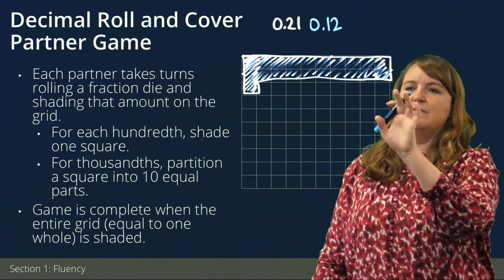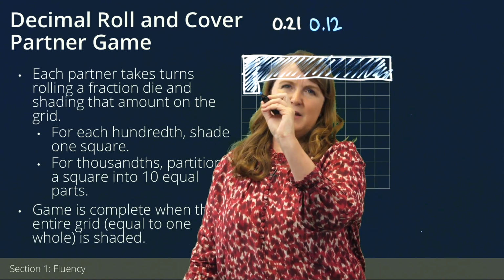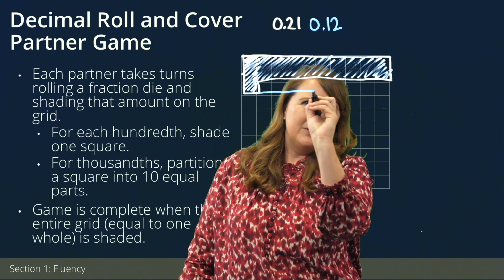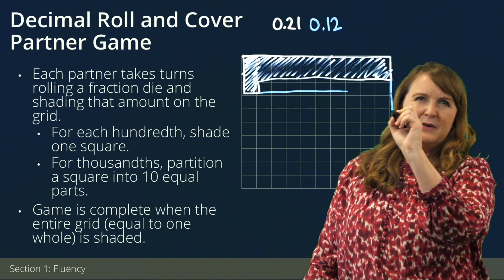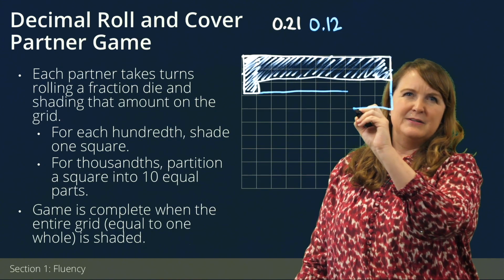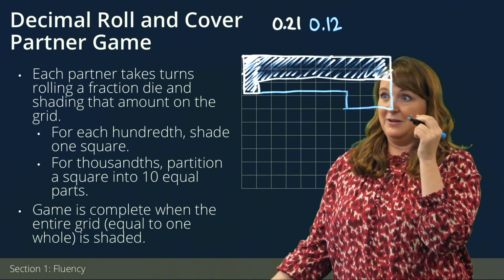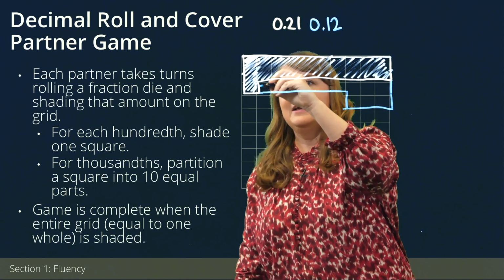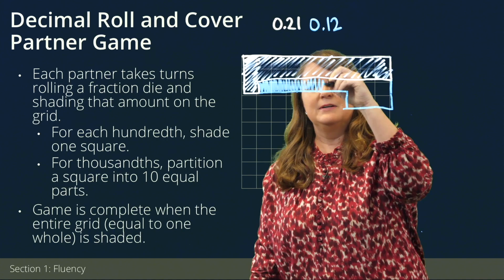So here I have 9 hundredths and then I need 3 more. So maybe I go ahead and shade, kind of move across this way, down here. I'm doing this in some kind of weird space there, but that actually looks pretty good. Gosh, Sarah, very nice. And so now I'm going to shade that as 12 hundredths.